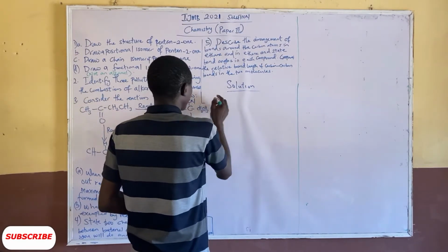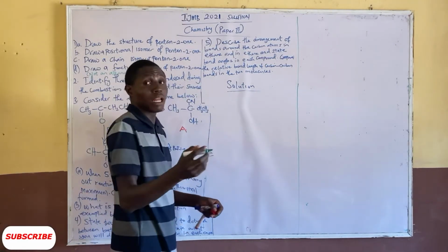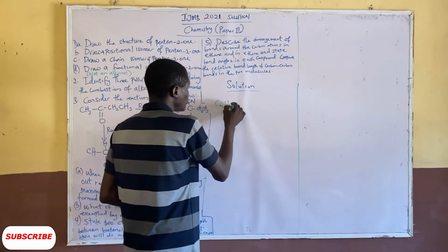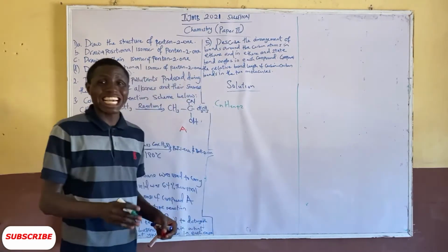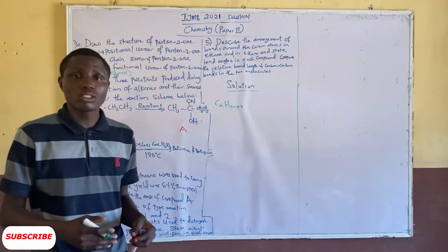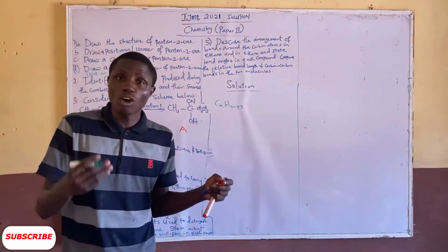Alkanes are hydrocarbons with general molecular formula CnH2n+2. Now, incomplete combustion of alkanes leads to formation of CO.